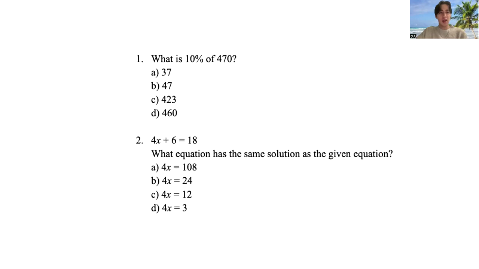So this is the first question. What is 10% of 470? This is relatively straightforward. All we have to do is determine 10% of 470.